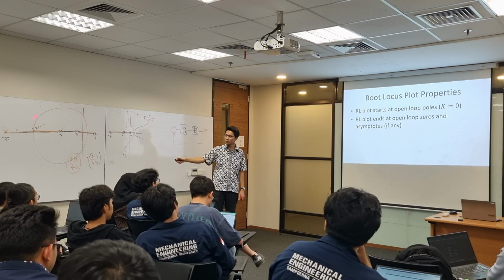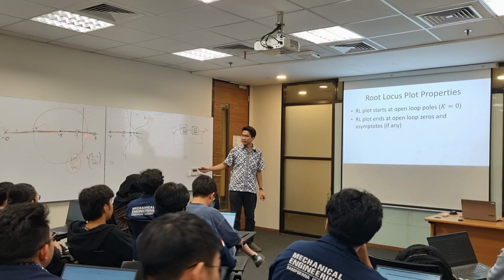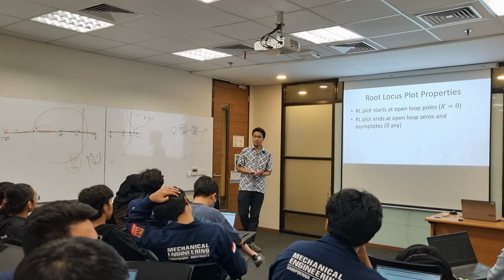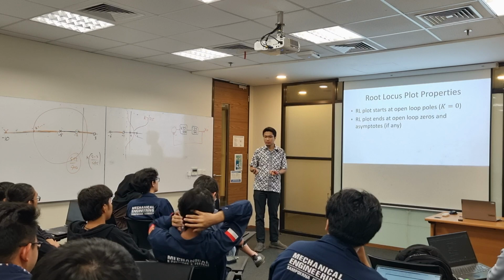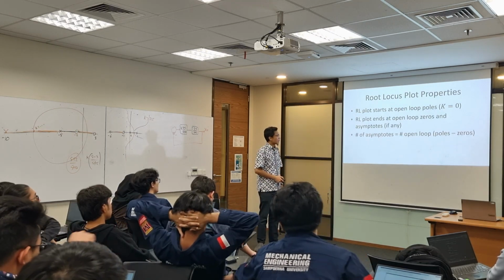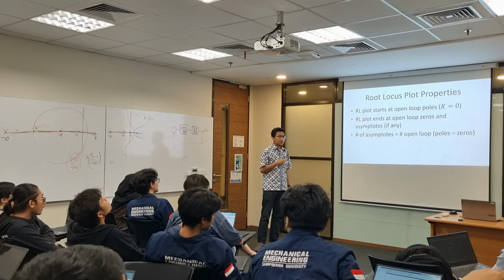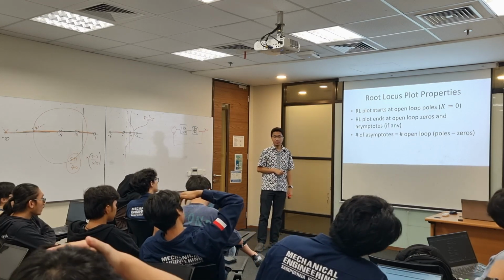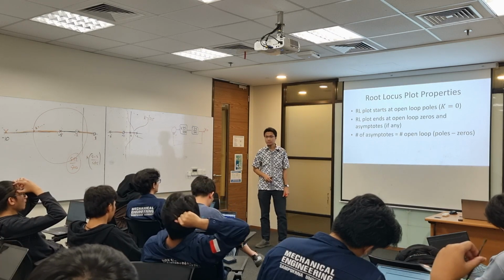In this case we don't have asymptotes, so all of the root locus will end at the zeros. So a zero is like a sink, also like a black hole. All of them are sucked in. And the number of asymptotes is equal to the number of open loop poles minus open loop zeros, which is why when they are the same number, we don't have asymptotes.